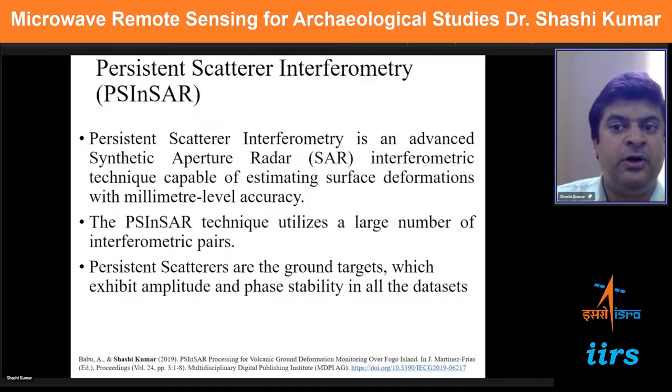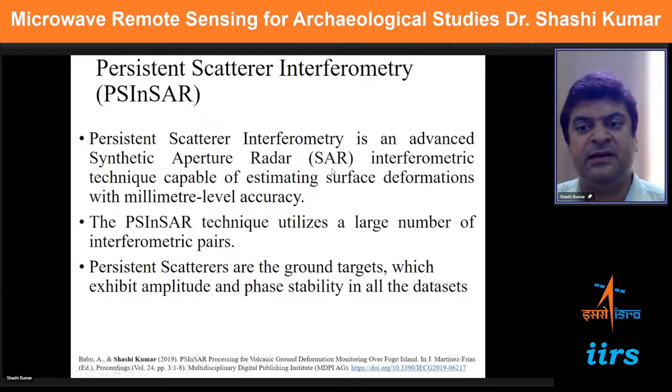So in persistent scatterer interferometry, a large number of images are required so that persistent scatterers are identified on the ground, and their stability is identified, and accordingly the displacement is measured.